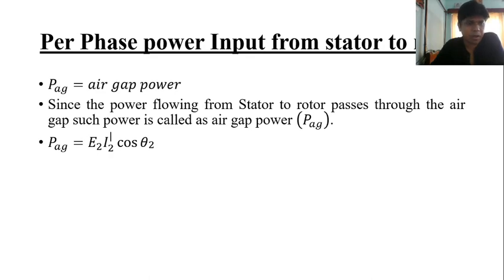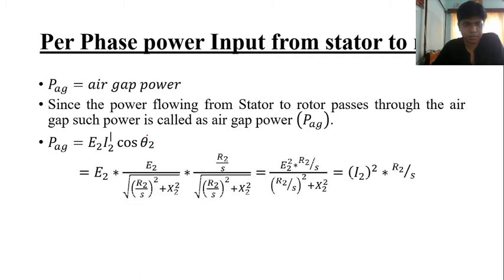So whatever the power comes out at the rotor end, the expression of that power is called the air gap power, and the expression of the air gap power is E2 into I2 dash into cos theta 2.